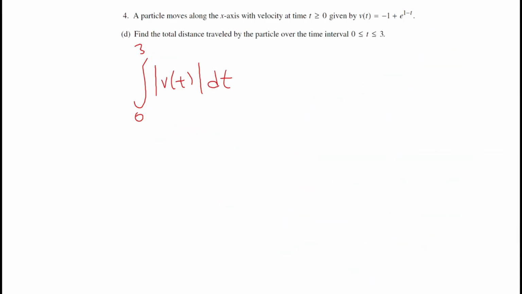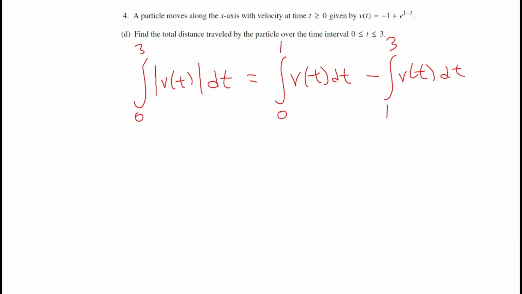So since we don't have a calculator for this problem, we have to break this up into an integral from 0 to 1 of v(t) dt, and then we subtract the integral from 1 to 3 of v(t) dt, because that's when it is negative. Making it the opposite of that integral turns those negative values into positive values.